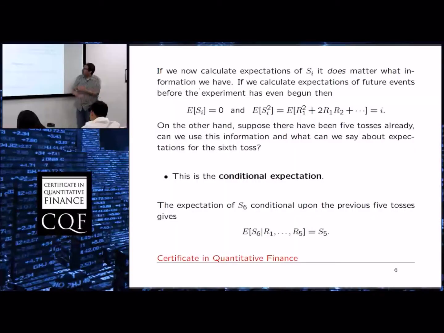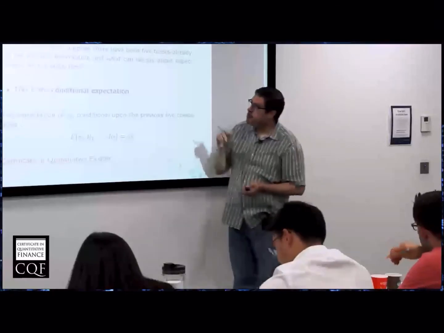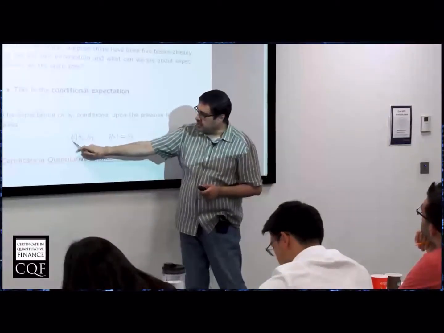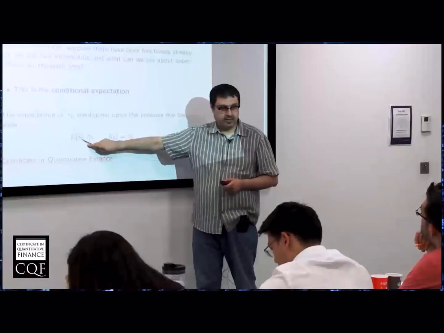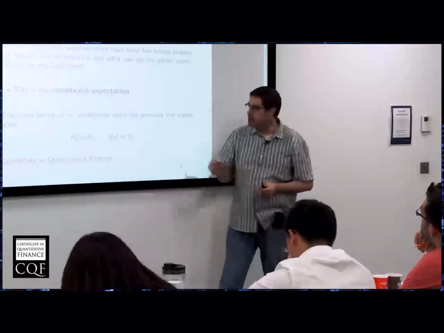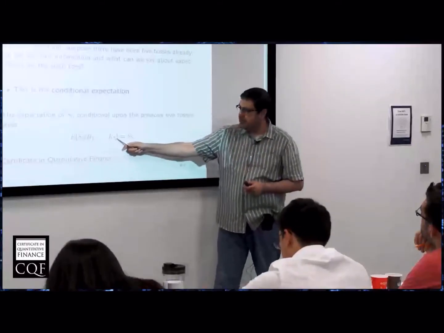Now, the next point is important. It says that suppose there have been 5 tosses already. Can we use this information, and what can we say about expectations for the 6th toss? Remember, conditional expectation is all about having previous information. If you have prior information, it's supposed to assist us with calculating probabilities and expected values for forecasting the future. So suppose you wanted to say, what's the expected value of S6, in other words our winnings on the 6th toss, given we know what's already happened?